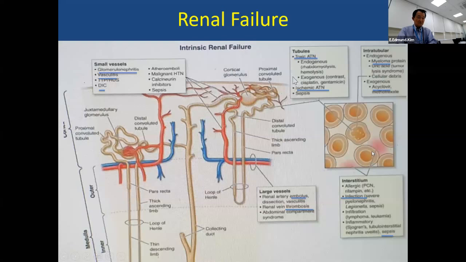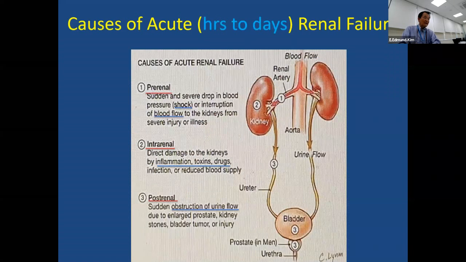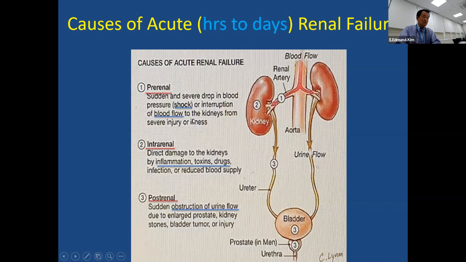Now the interstitium between tubules: inflammation, allergic, and lymphoma inflammations. So there's a lot of causes for renal failure. Basically we divide into three: pre-renal, post-renal, and intrarenal. Pre-renal is usually vascular things, renal arterial stenosis.